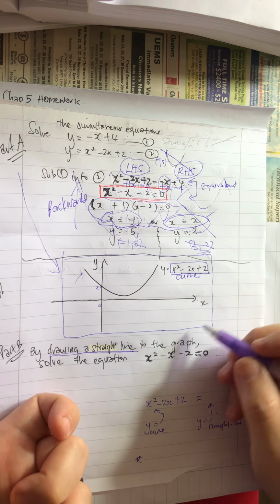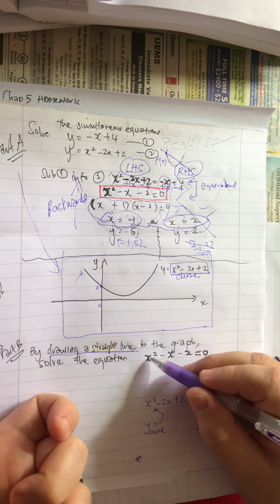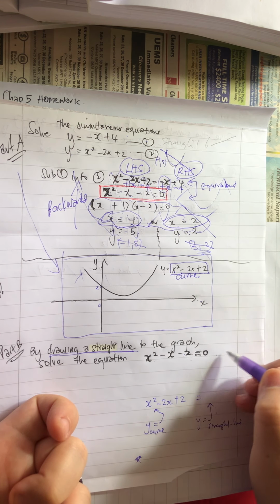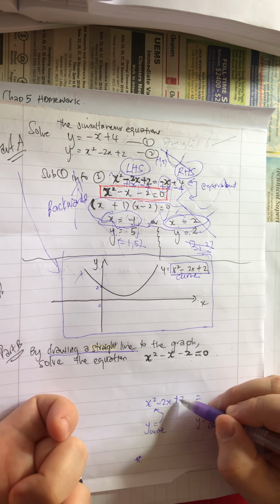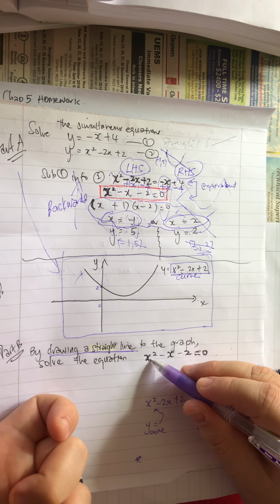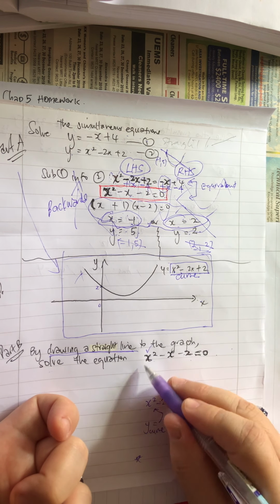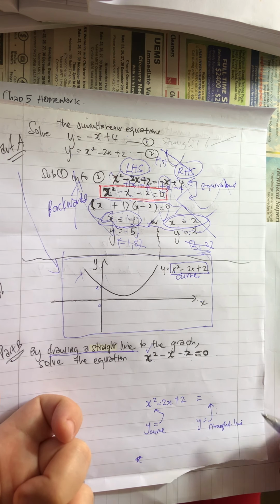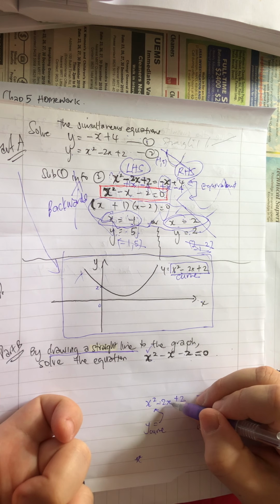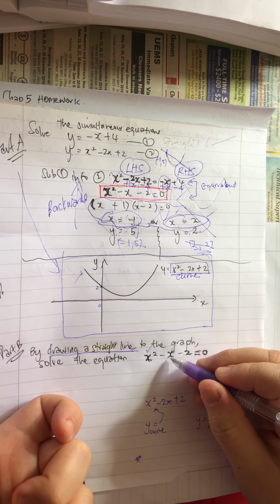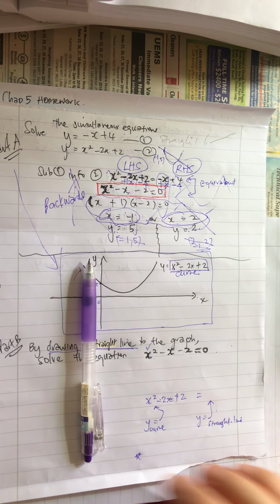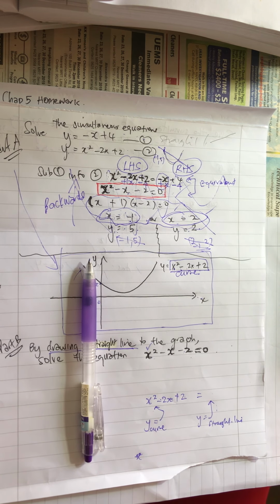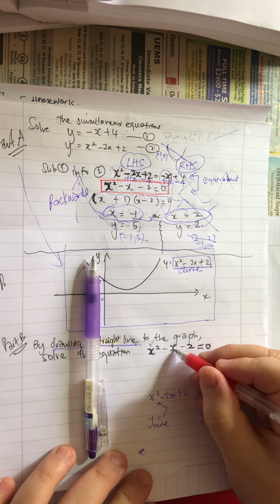Okay, now let's come back. I want to somehow manipulate this equation to have x squared minus 2x plus 2 on the left-hand side. Right now I have x squared. Oh, I'm very happy. I don't have to do anything to this. Okay, but I don't have minus 2x here. I only have minus x. So what must I do to get minus 2x?